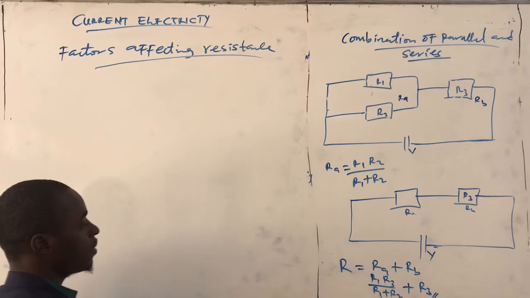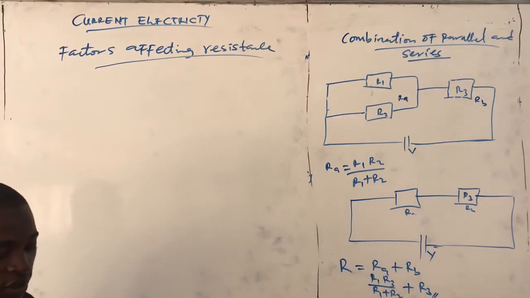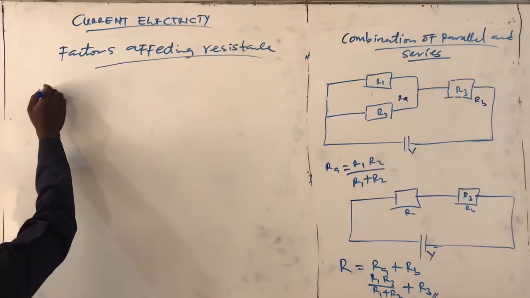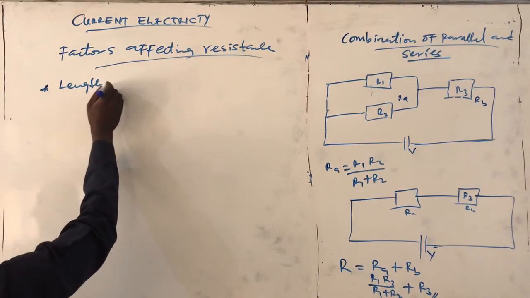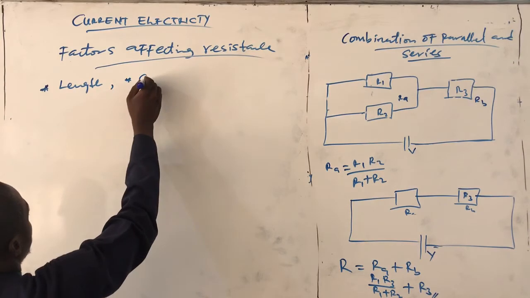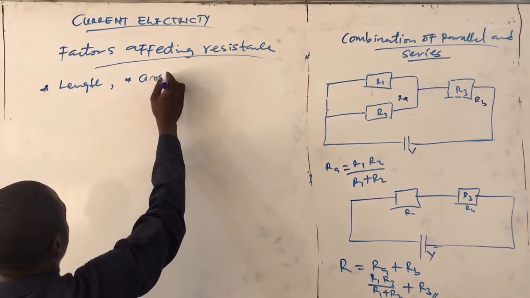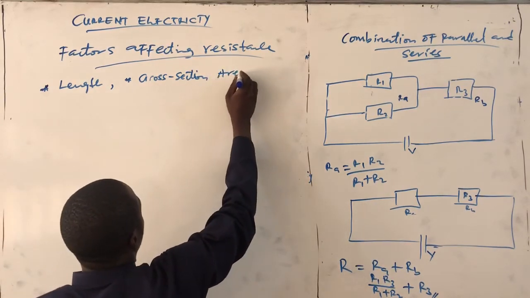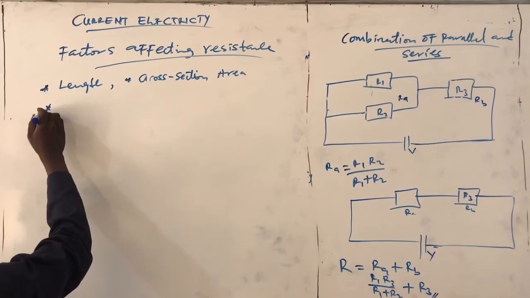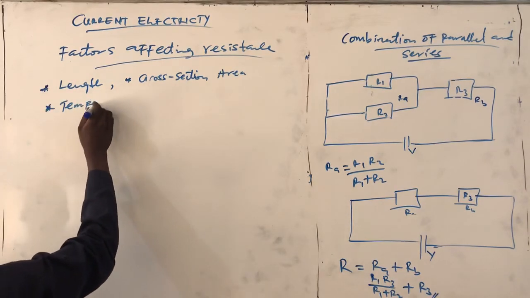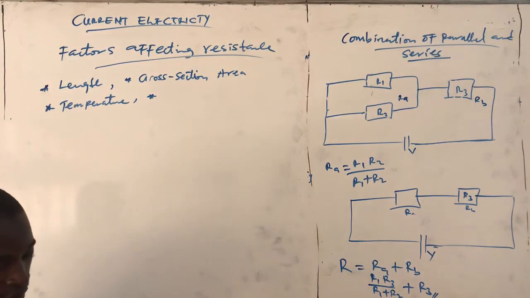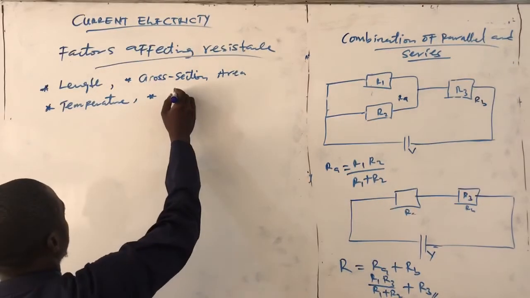Factors affecting resistance. The first one is the cross-section area. The length is also affecting the resistance. Then the temperature, and the nature of the material.